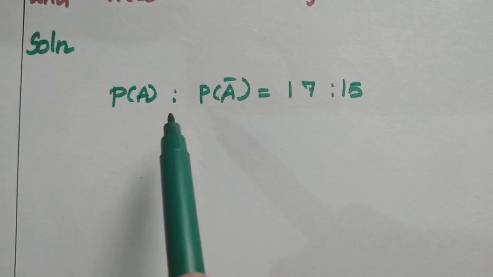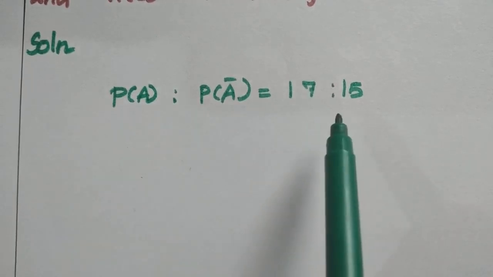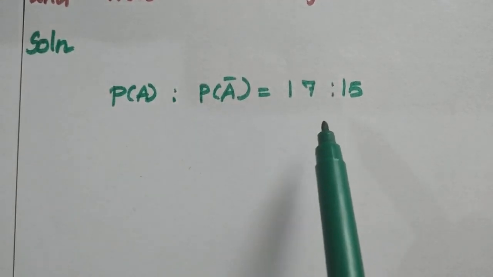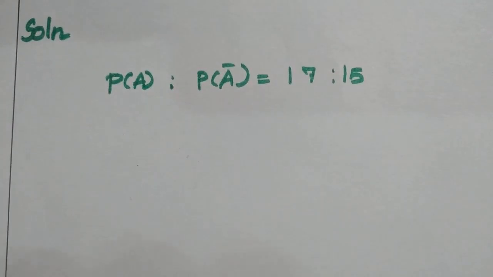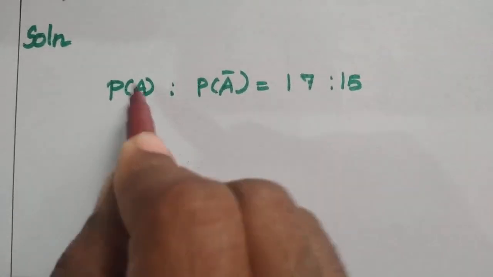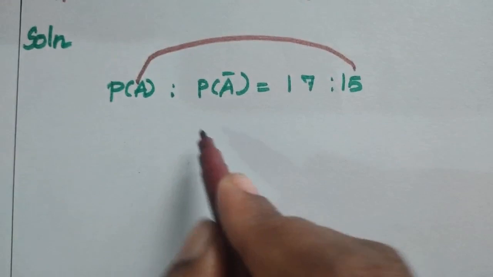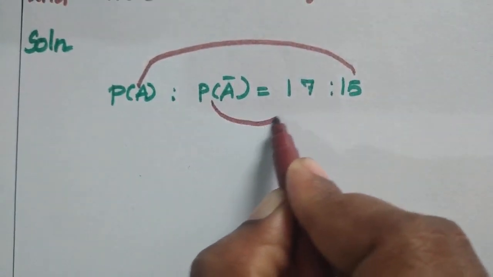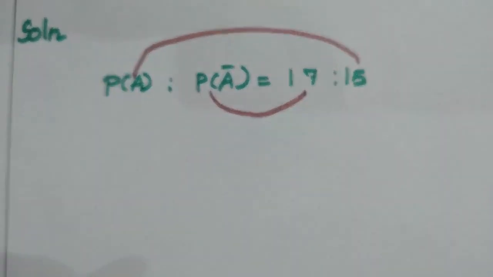This is based on ratio and proportion. You already learnt in your lower classes, product of extremes is equal to product of means.